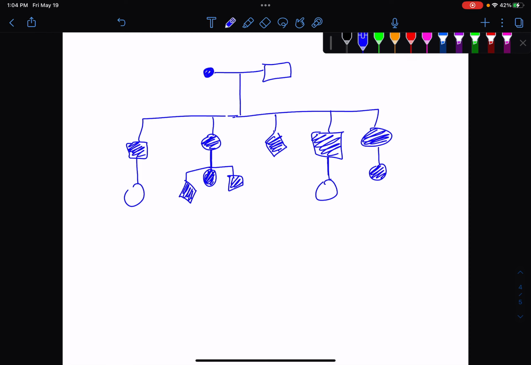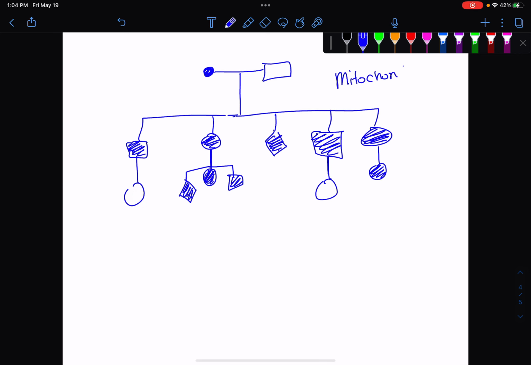So when you see that pattern of a mother passing down a gene to all of her offspring, and you see the same pattern happening in other generations, it's going to be mitochondrial inheritance. I probably misspelled that, but it's okay.